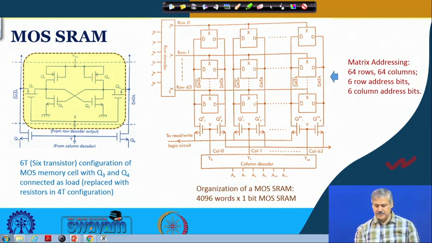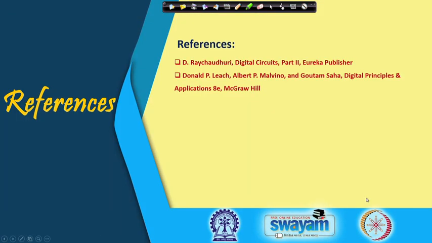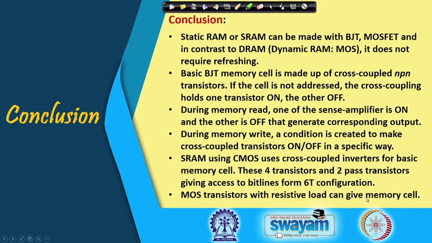So with this we conclude. What we have seen very quickly is that static RAM or SRAM can be made with BJT, MOSFET, CMOS, okay, and in each case we are looking at cross coupled inverters made up of transistors, operating in bistable mode.